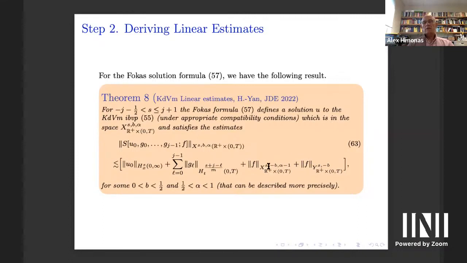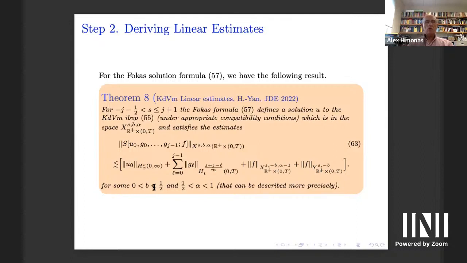This is the temporal modified Bourgain norm, and this is the spatial in the space variable, and this is in the time variable again, due to Faminsky.